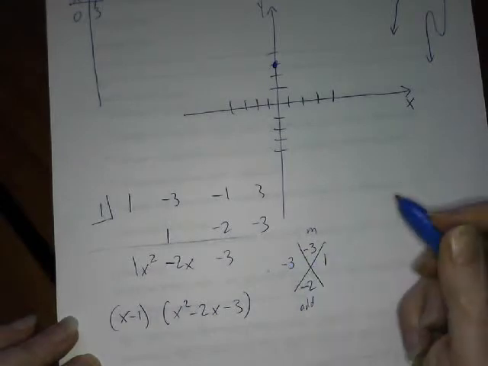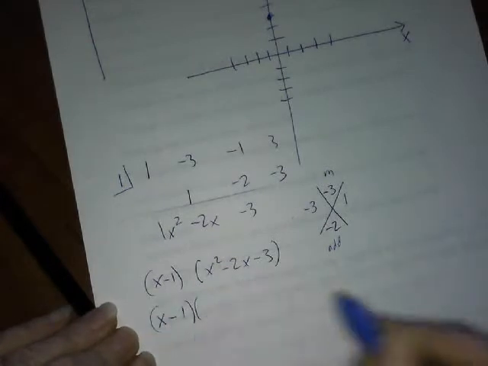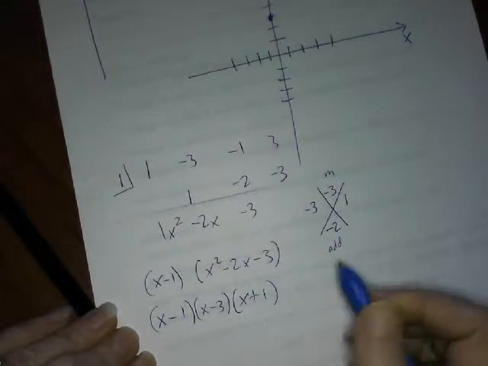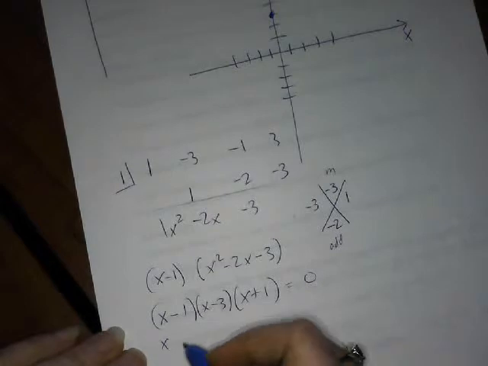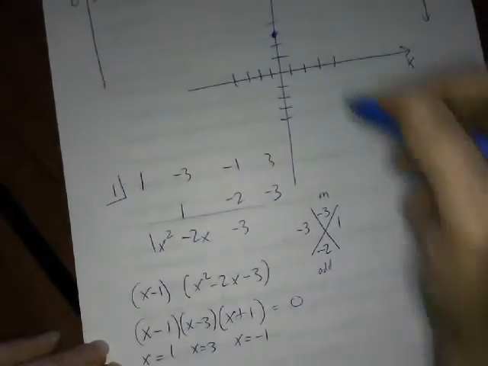So if it was -3 and +1. So this can be written as x minus 1, x minus 3. See, all this factoring is helpful. So I'm going to have zeros at x equals 1, x equals 3, x equals -1.